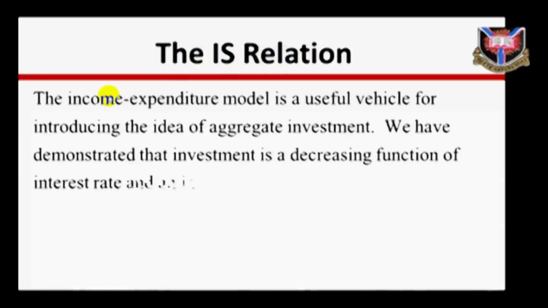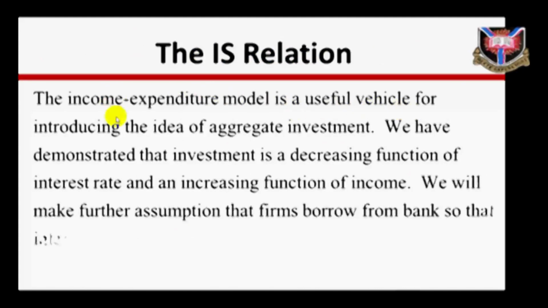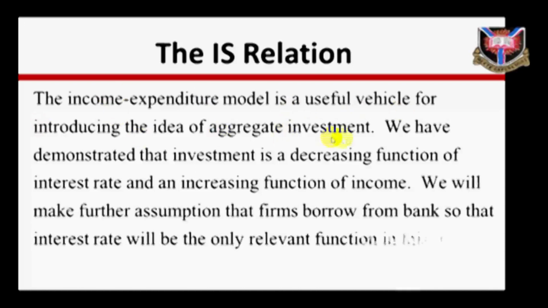The IS relation. The income expenditure model is a useful vehicle for introducing the idea of aggregate investment. We have demonstrated that investment is a decreasing function of interest rate and an increasing function of income.